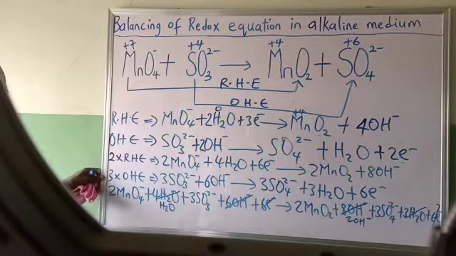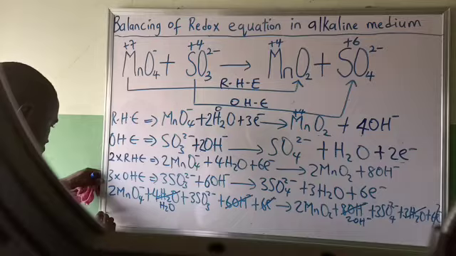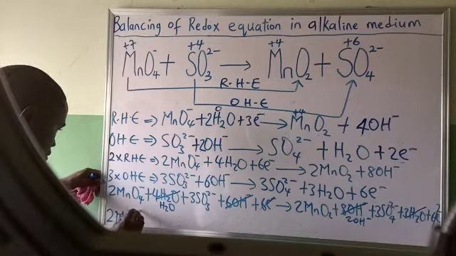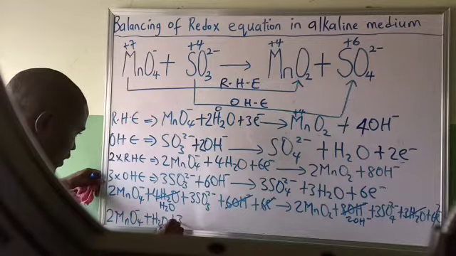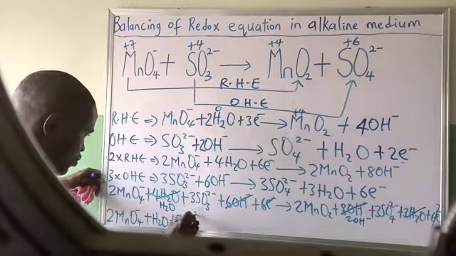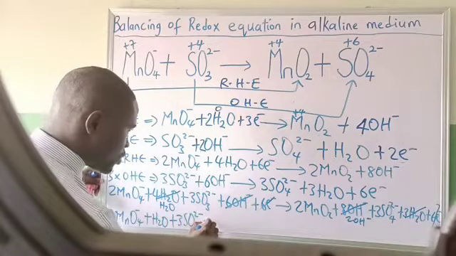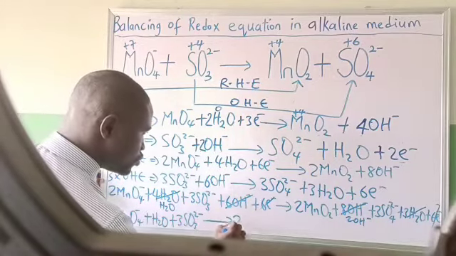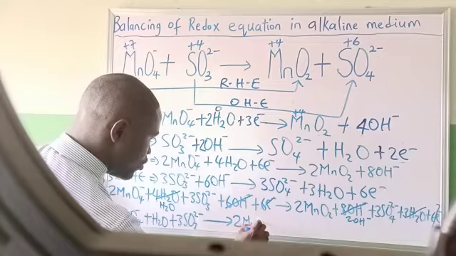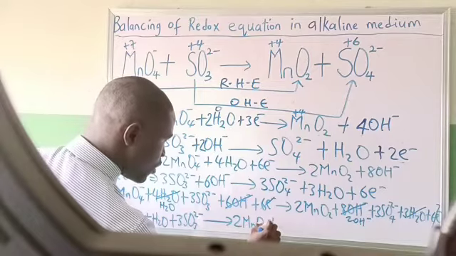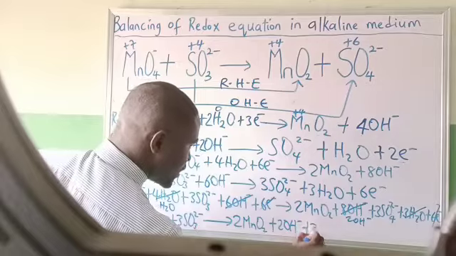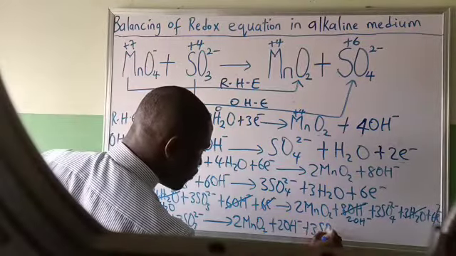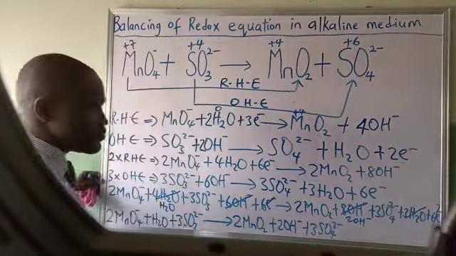Now I'm bringing down what we have. We say 2MnO4 plus water plus 3SO3 2 minus to give me 2MnO2 plus 2OH plus 3SO4 2 minus.